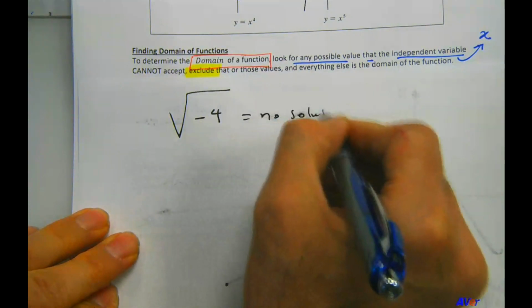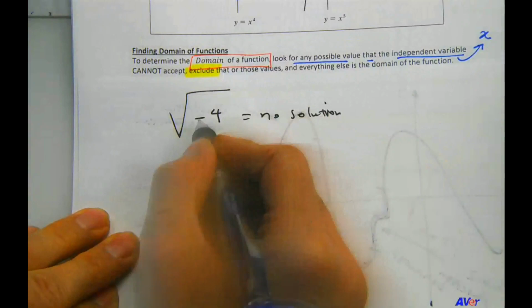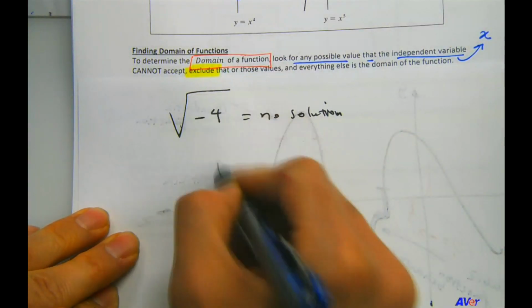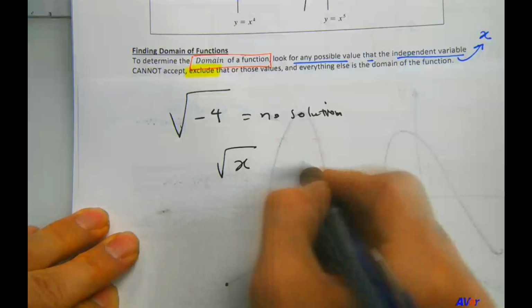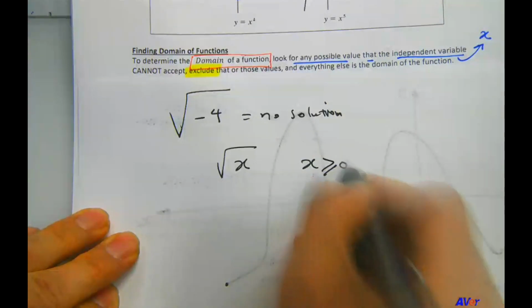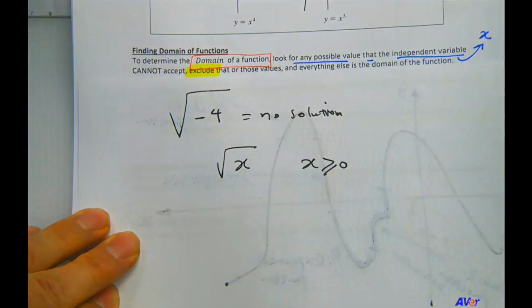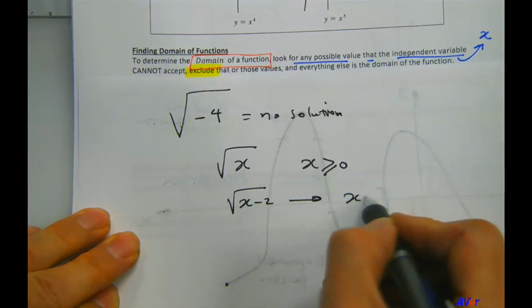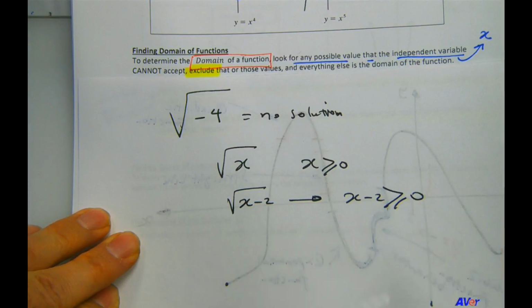So for that reason, you want the inside of a square root to always be something greater than or equal to 0. If you have the square root of x minus 2, then x minus 2 should always be greater than or equal to 0.